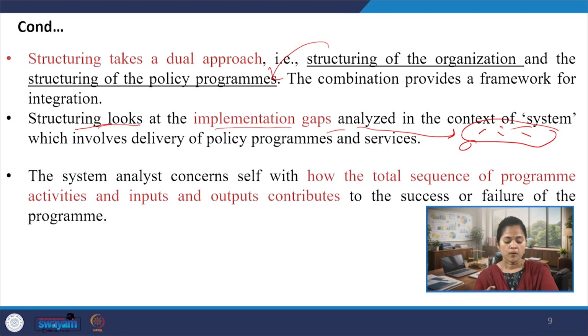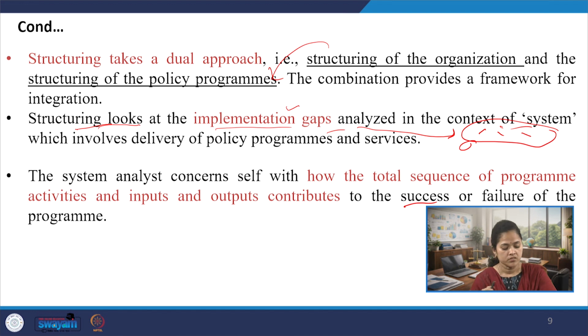Let's say this system is monitored by an analyst. The analyst perceives how the total sequence of program activities, inputs and outputs contributes to the success or failure of the program through this system analysis. System analysis allows identification of the implementation gap through the structuring of the organization and of the policy or program.